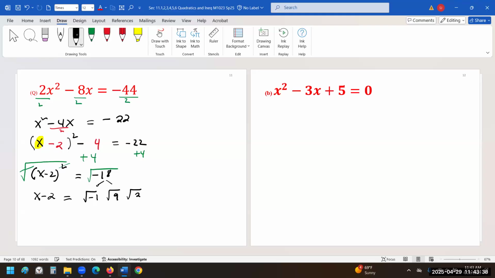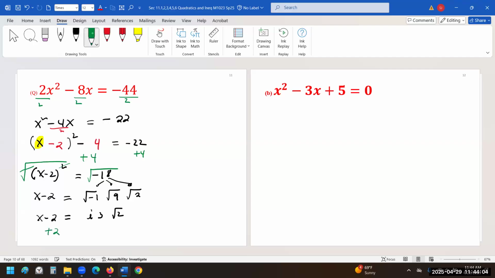We split our 18 into 3 pieces. Because -1, you have to pull it out, it becomes I. And then you have 18. 18 is 9 times 2. So we have x minus 2 is I, 3, and square root of 2.